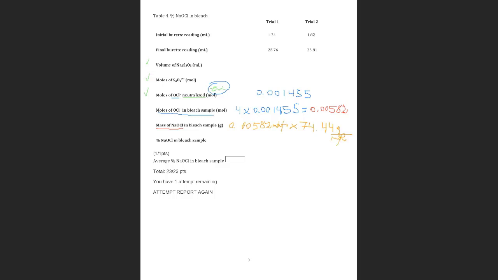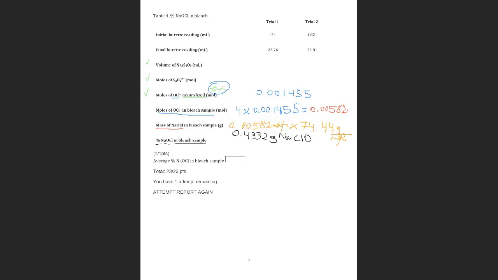And I obtained with my data 0.4332 grams of sodium hypochlorite.